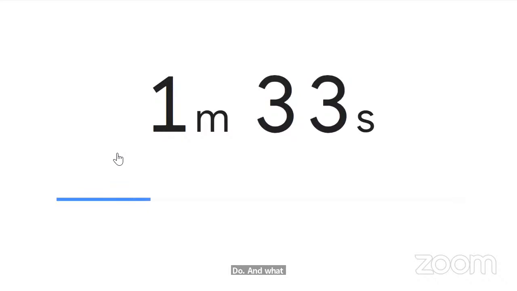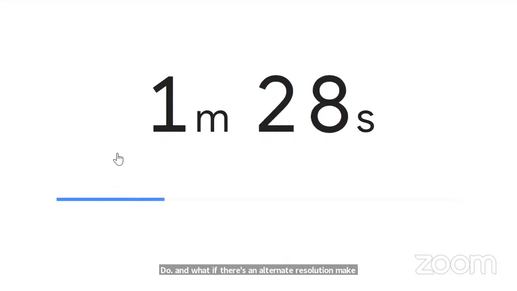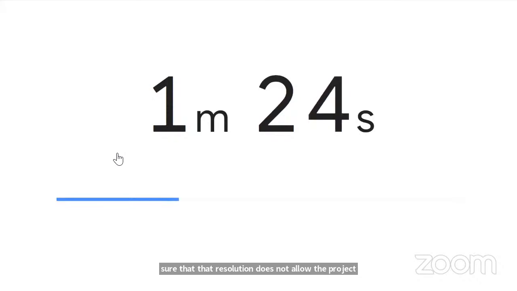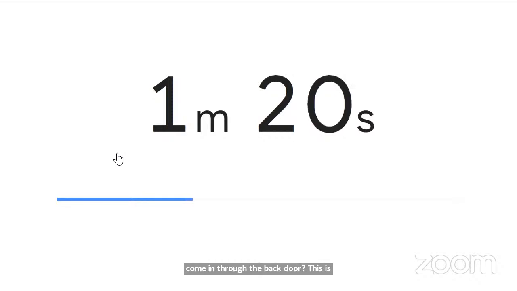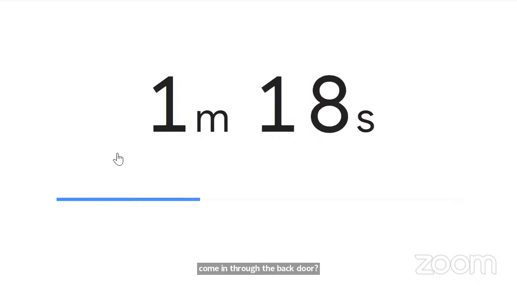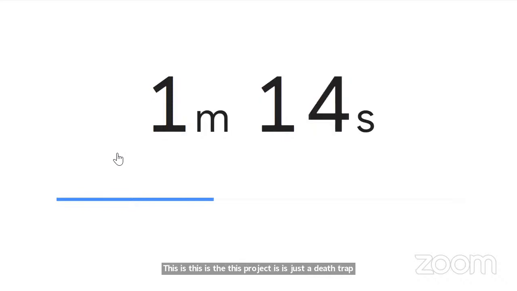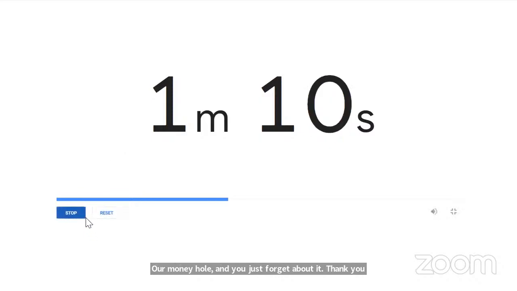If there's an alternate resolution, make sure that that resolution does not allow the project to come in through the back door. This project is just a death trap and a money hole, and you just forget about it. Thank you very much.